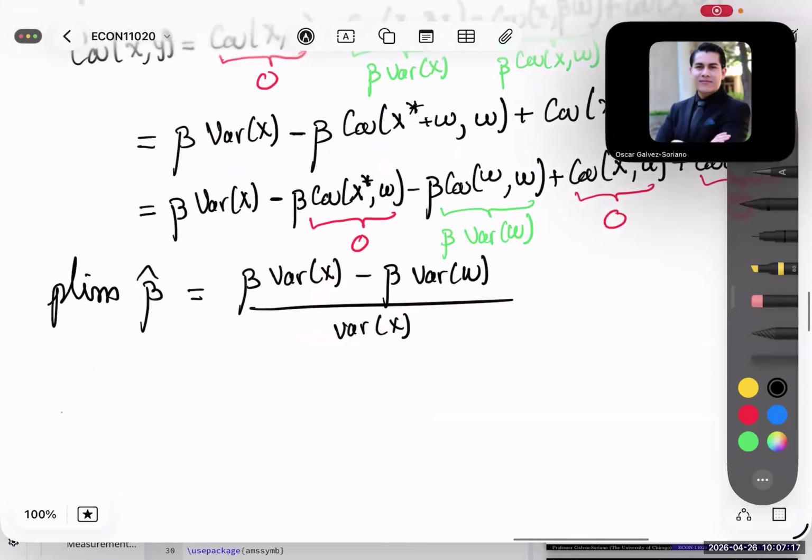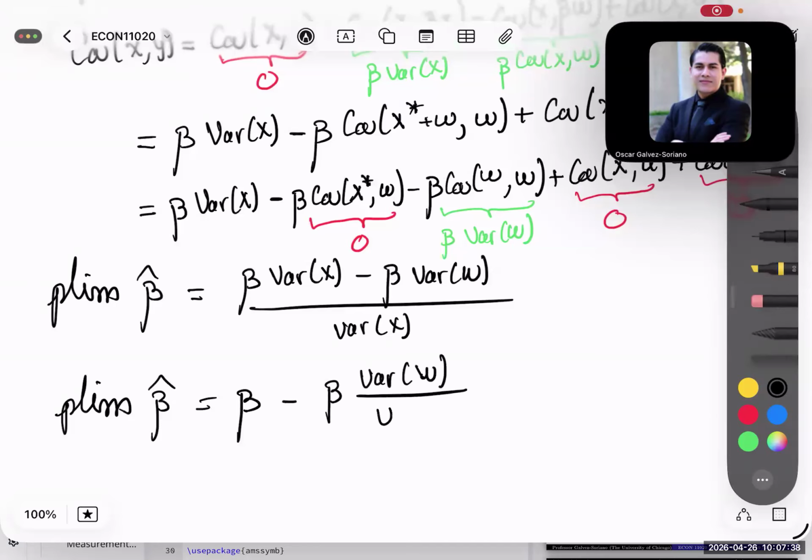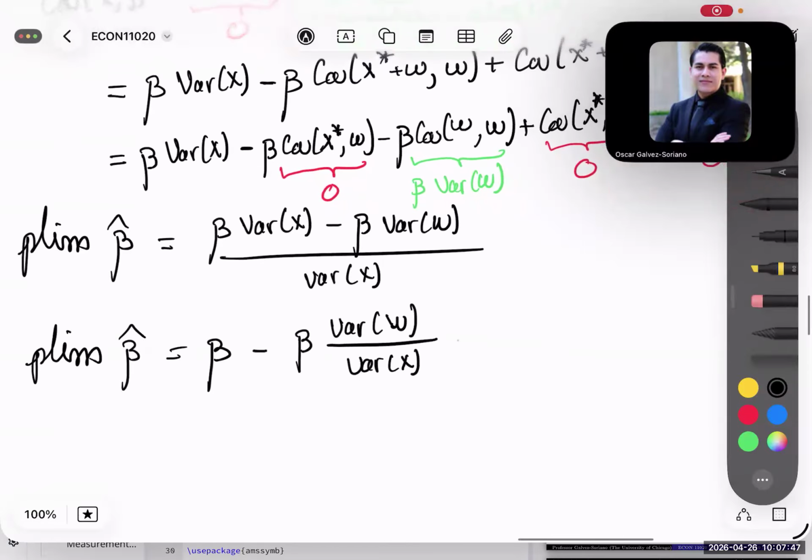Obviously, if you simplify this, we get that beta hat is the true value of the parameter minus beta variance of w over variance of x. And then, this is usually what I recommend you to do, some people factor out beta, and this leads to 1 minus this ratio of variances.